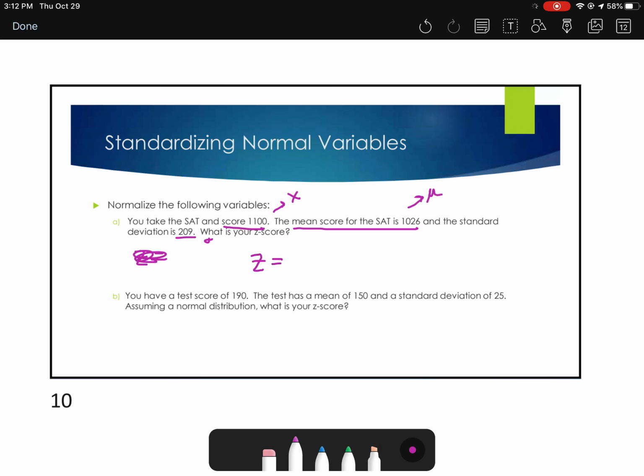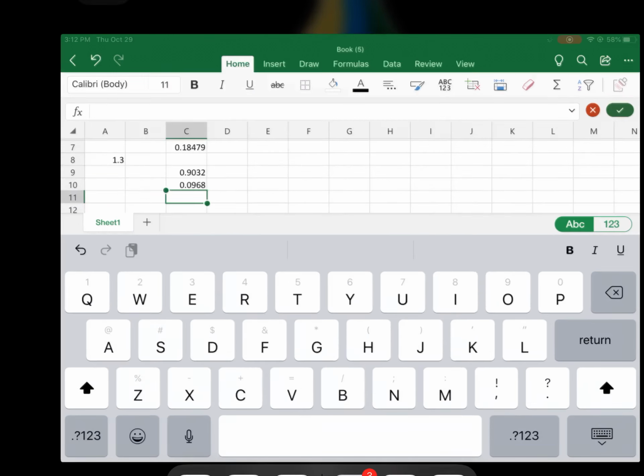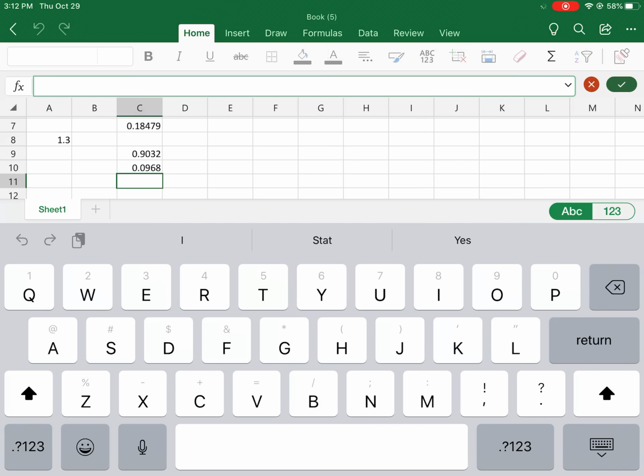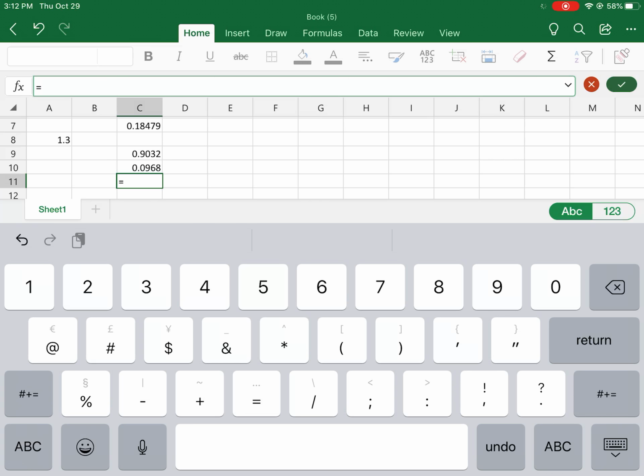So z is equal to 1100 minus 1026, all divided by 209. Let's go ahead and plug that in. When you're using Excel, you want to make sure that on the top you have that parentheses, otherwise your order of operation will create an error.